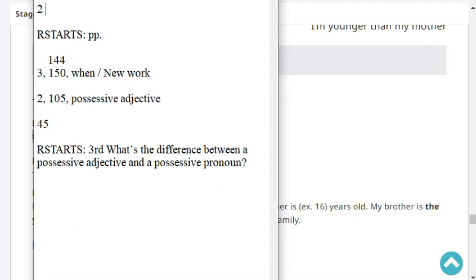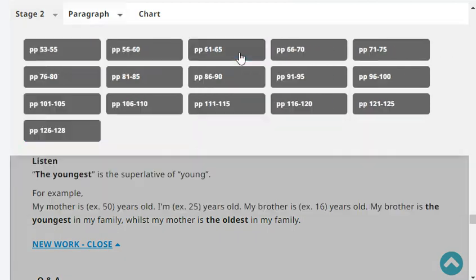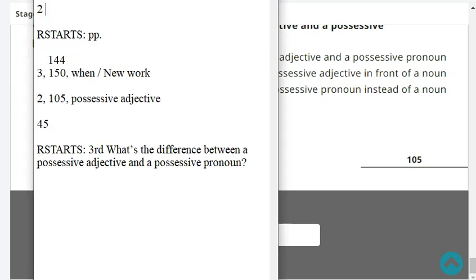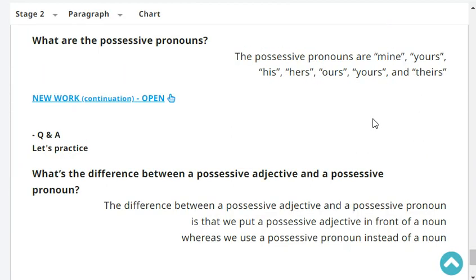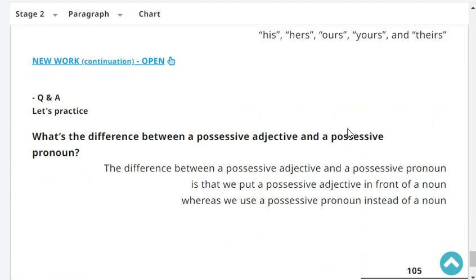Okay, very good. So our reading starts at stage 2, page 105. The last headword was possessive adjective. Okay, start with the third question.